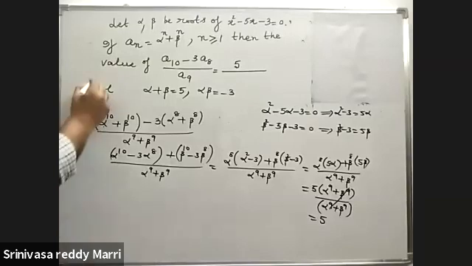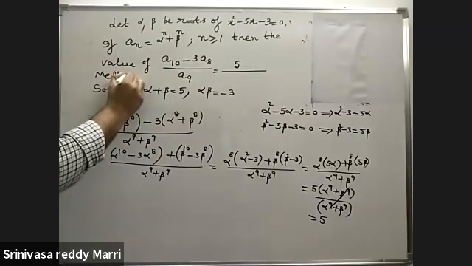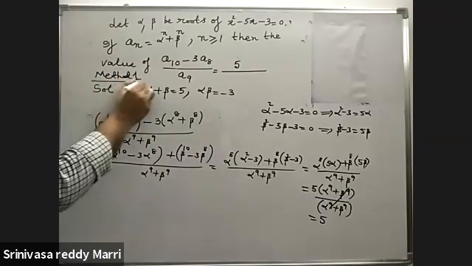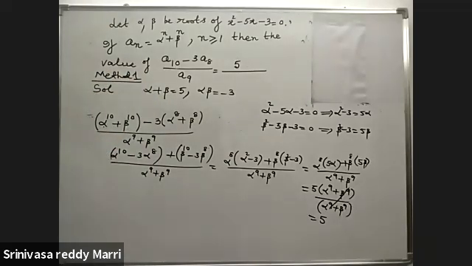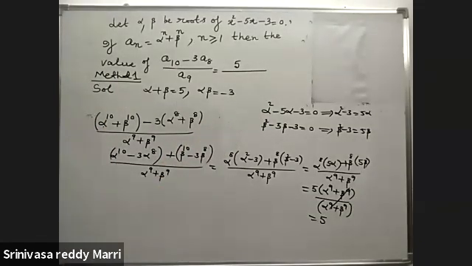This is method 1. I will tell another method, because 2 different approaches will be there. Method 1, whenever the higher powers are there, just make use of this to simplify this one. Method 1, this is. I will tell another method of how to approach the problem.